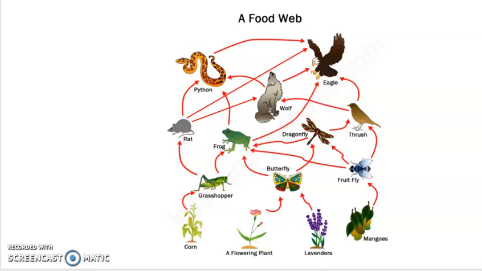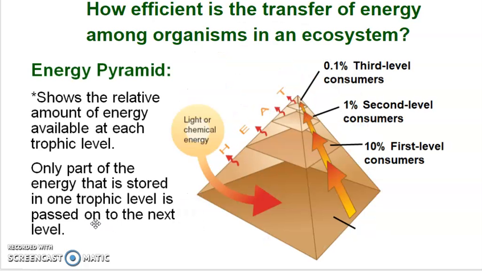Next, I would like to talk about energy transfer, since we started talking about the production of biomass. These are called pyramids, energy pyramids, and they show the relationship from one level to another, like from the producers to consumers.